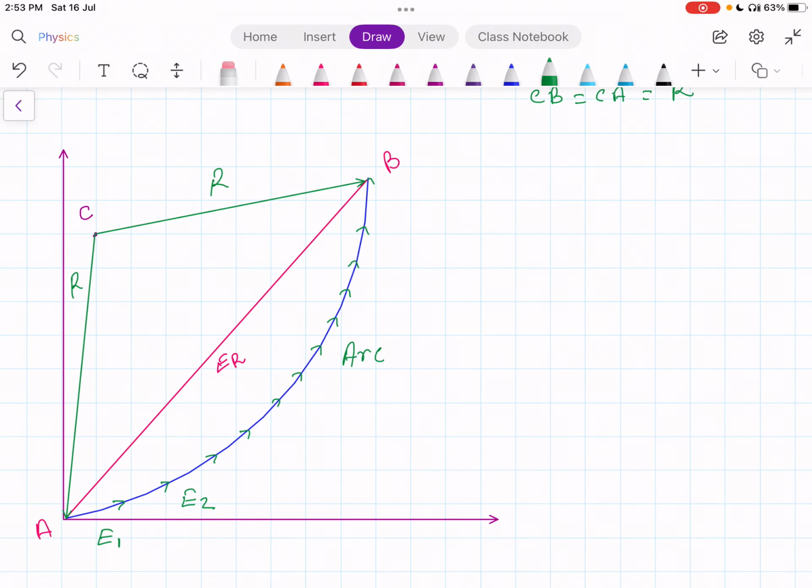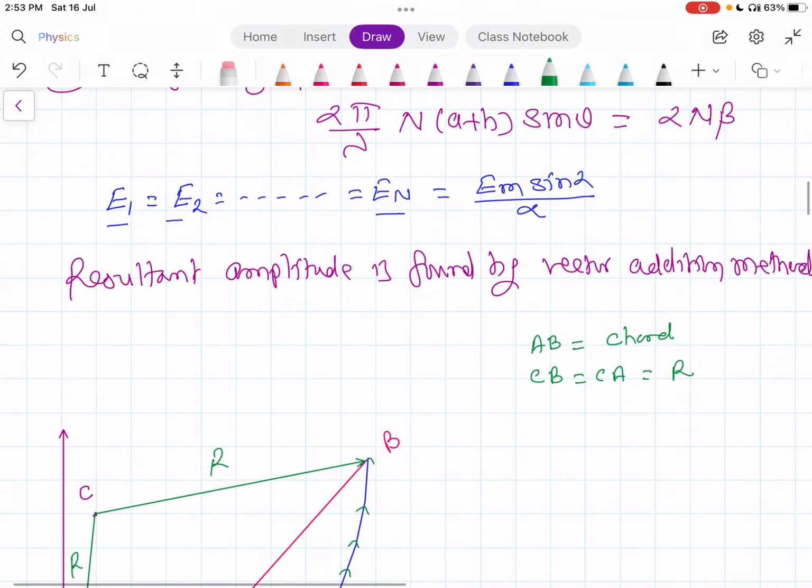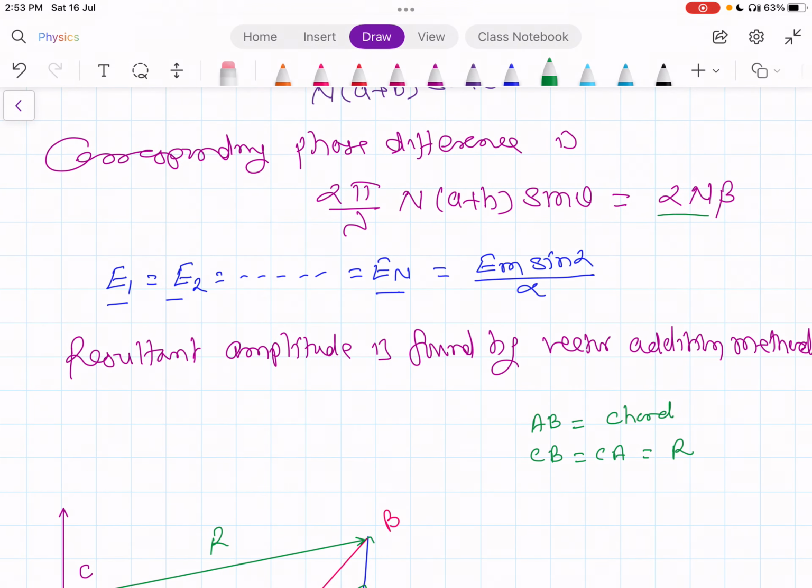Then we know that the total phase difference, that is the phase difference between the first secondary wave and the last secondary wave, or the first phasor and the last phasor, is 2n beta.